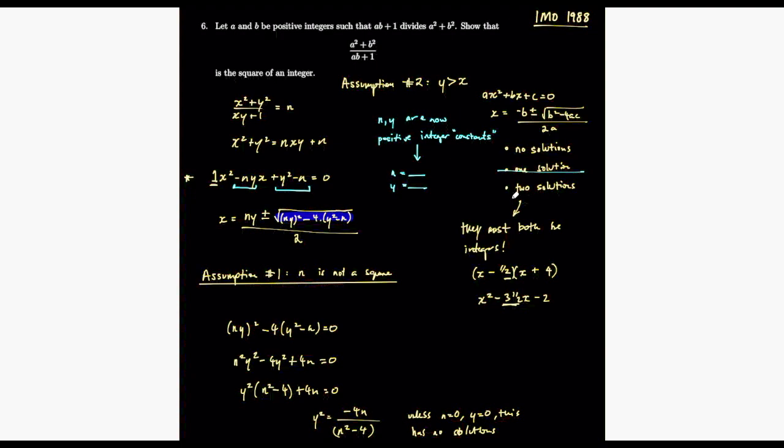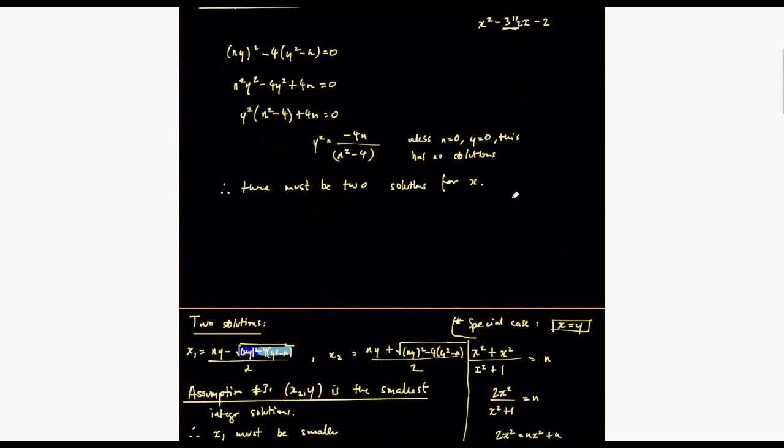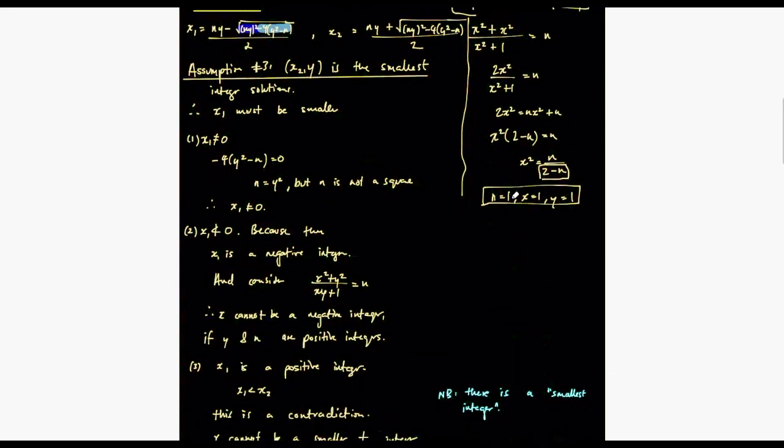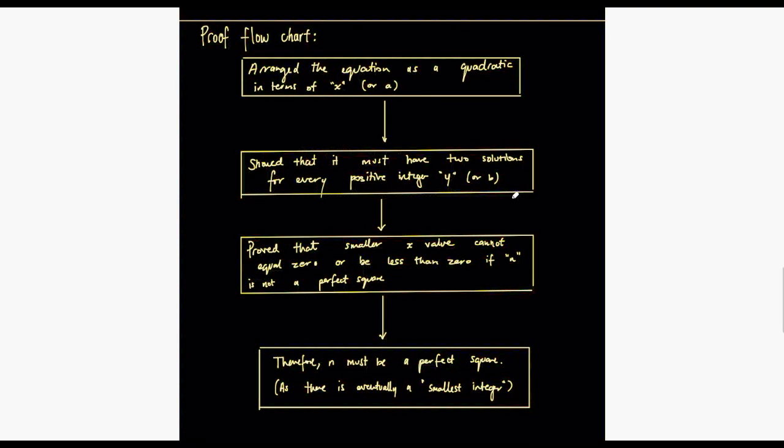Now, I've actually created a flowchart of this proof, of the steps we took, because all of this is, I think, quite confusing, but it does simplify down to this process. So this is the proof flowchart, if you like. Firstly, we arrange the equation as a quadratic in terms of x, or a, if you're talking about the original question.